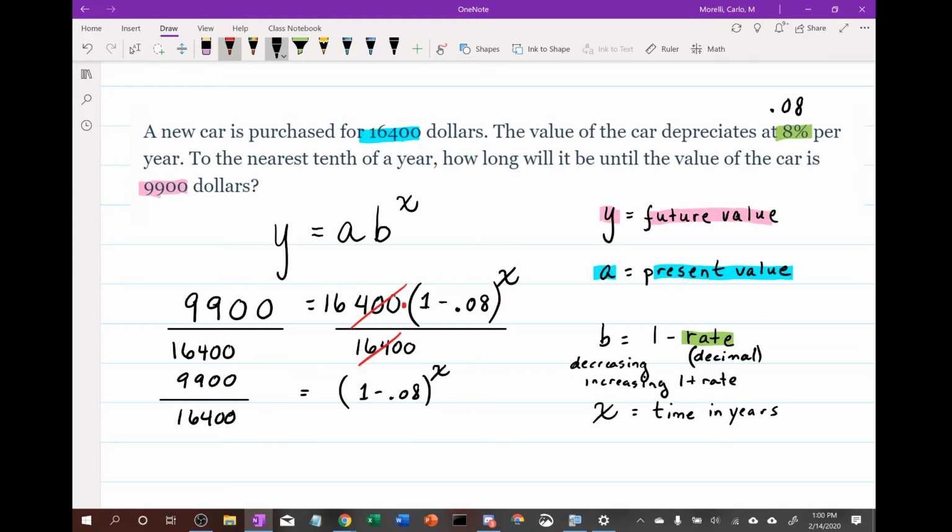And so now how do I get this x to come down here? This is the power rule of logarithms. What is it? ln both sides of the equation. So we're going to put both sides in parentheses like this, and we're going to ln both sides.